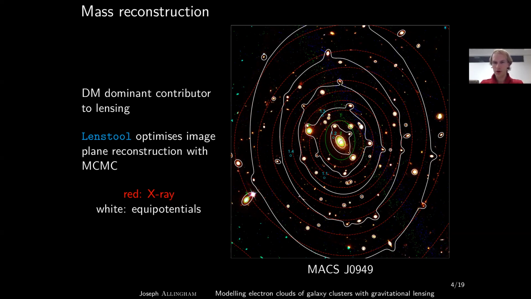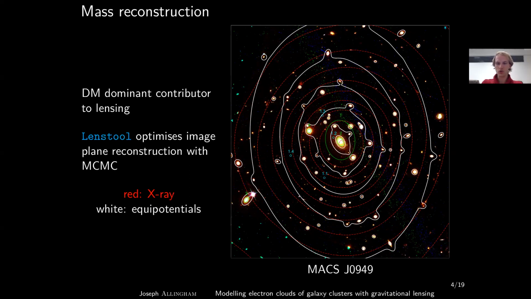So here you have about 80 galaxy potentials that are being optimized on top of a dark matter halo potential. And in green, you can see the potentials, the most important ones. And in red, you can see the X-ray data. So we can observe that the X-ray data don't have exactly the same ellipticity as the gravitational lensing reconstruction, but the profile is basically the same.